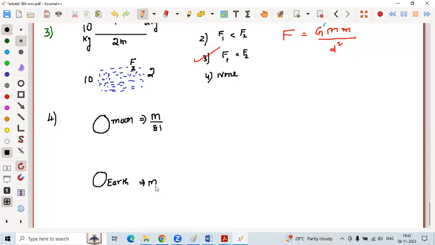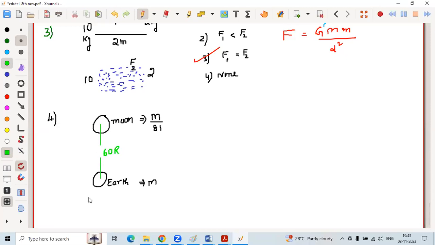Then what they said is the distance between them is 60r, where r is radius of the earth, center to center.